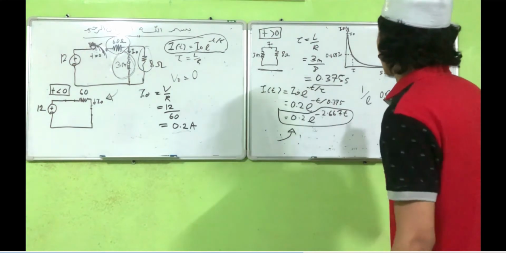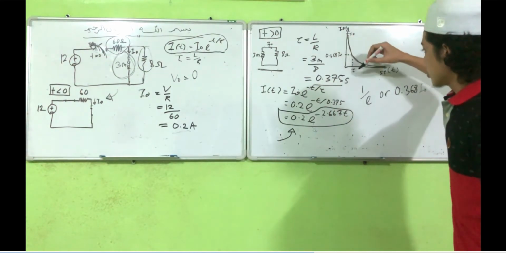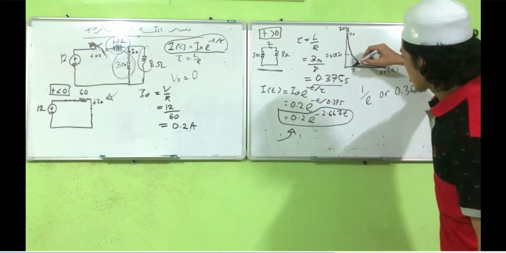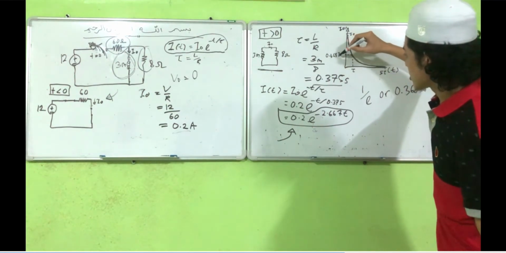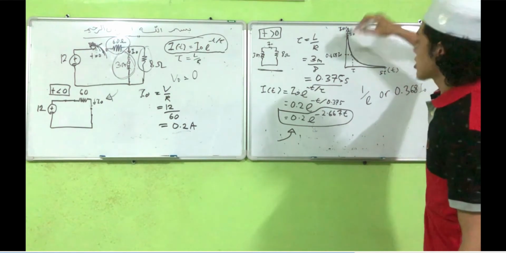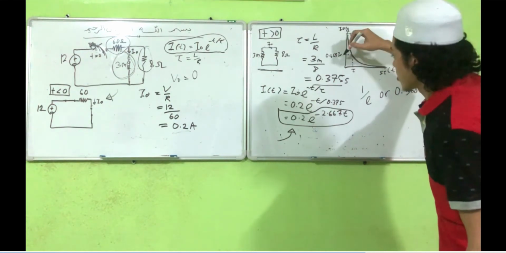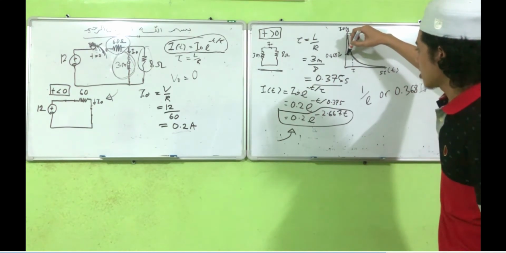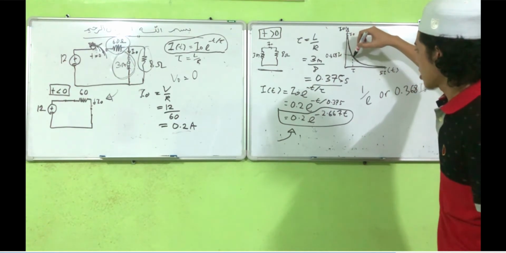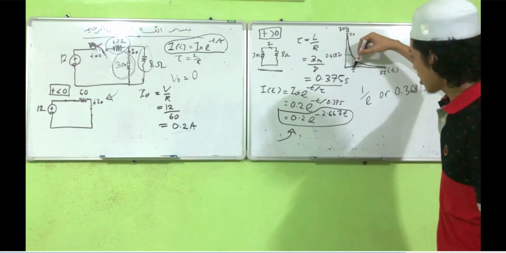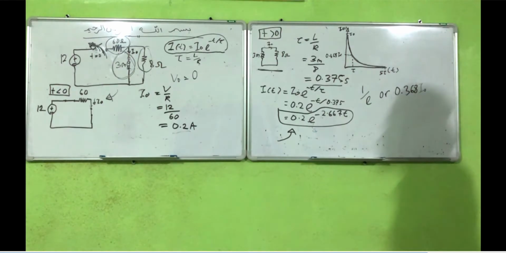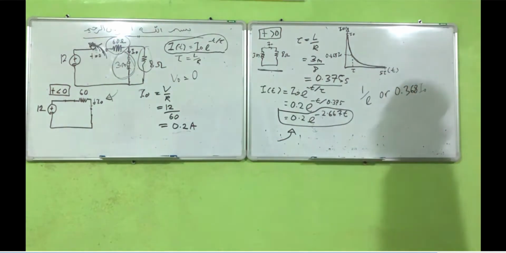So the value is 0.368 multiplied by I naught. We just take one straight line and go down like this, and we have found the value of tau in the discharging waveform.